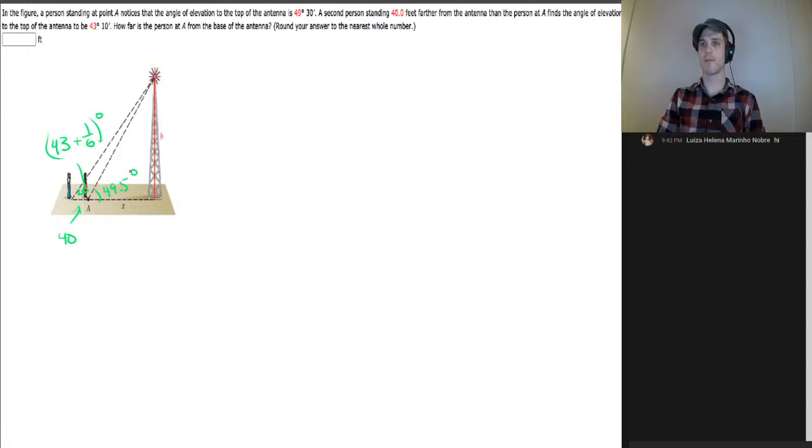So we're going to find x here. They share a common side, which is h. So let's find h first.